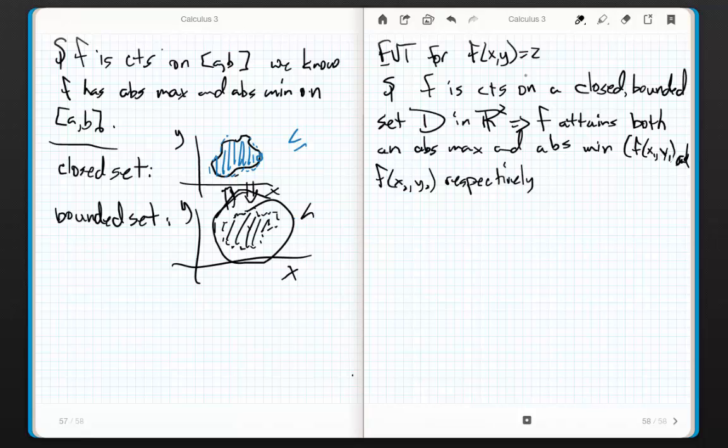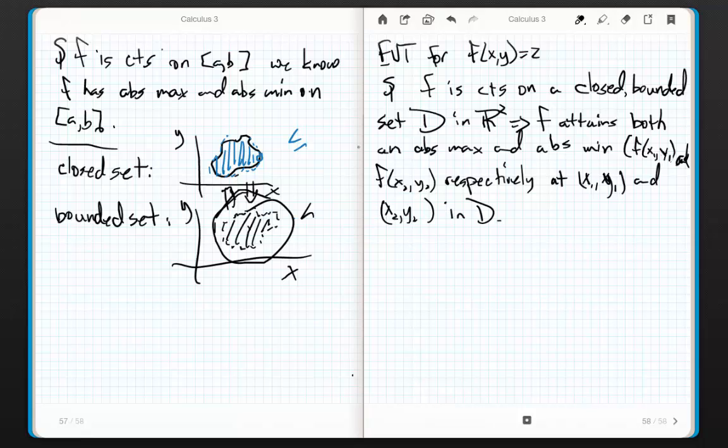In other words, there exists a point such that I have a max, and there will exist at least one point such that I have a min in both cases. I could have a bunch of points. Just remember, visualize y equals sine of x. We had a countably infinite number of maxes and a countably infinite number of mins. Same sort of thing in this case. So respectively, at x1, y1 and x2, y2 in the domain.